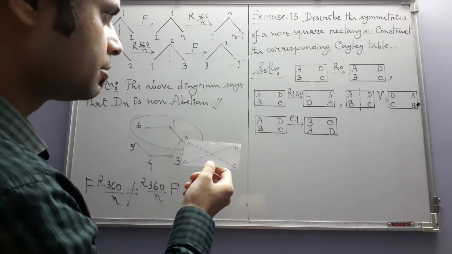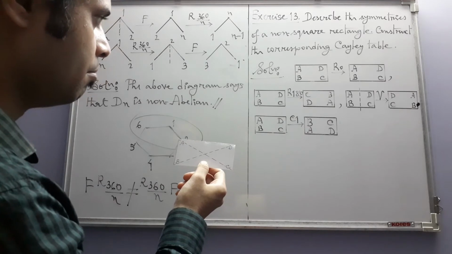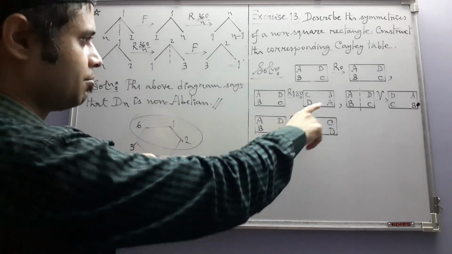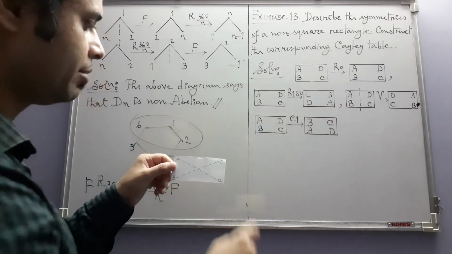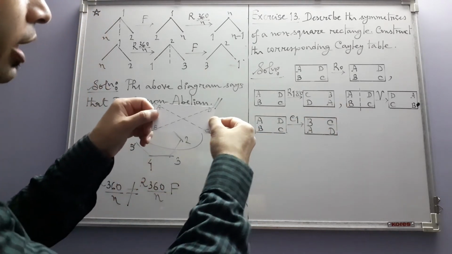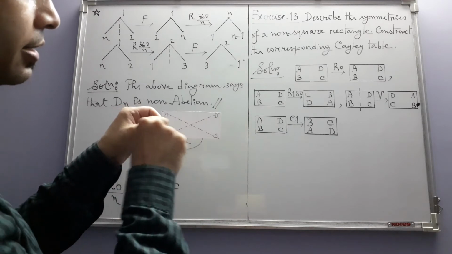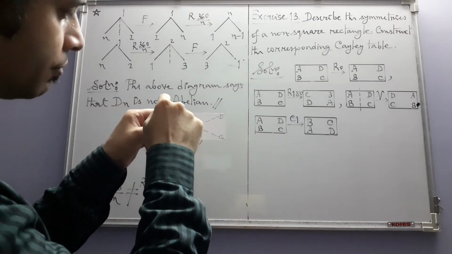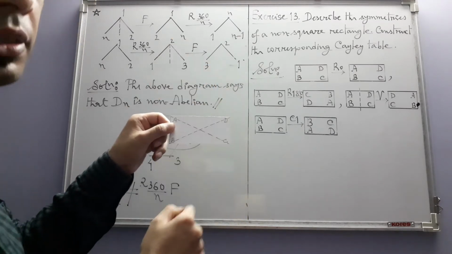So instead of a vertical axis, now we can use the horizontal axis, that is the perpendicular bisector of the sides AB and CD.